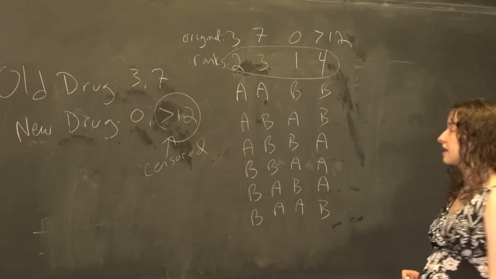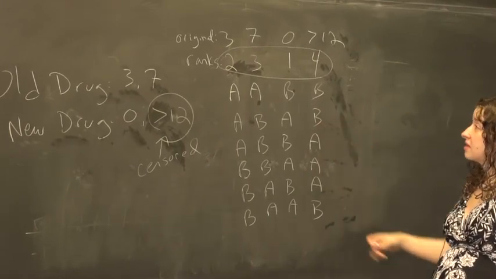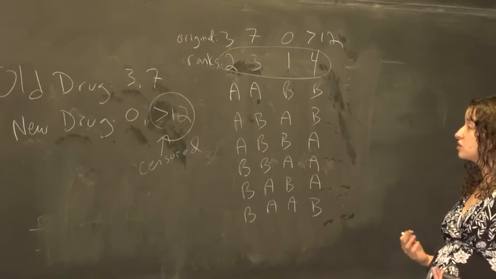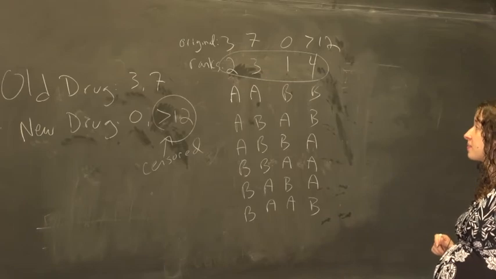Okay, and there's 6, so I think I got all of those. Here are the different ways that when I put 4 names in a hat and draw 2, 2 of these people could end up assigned to group A and 2 could end up assigned to group B.